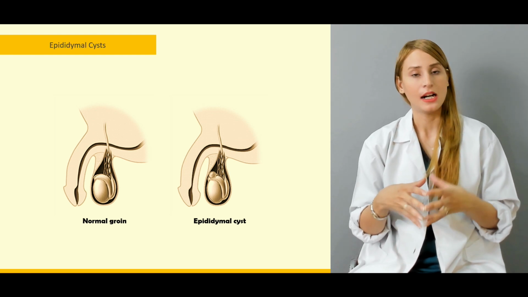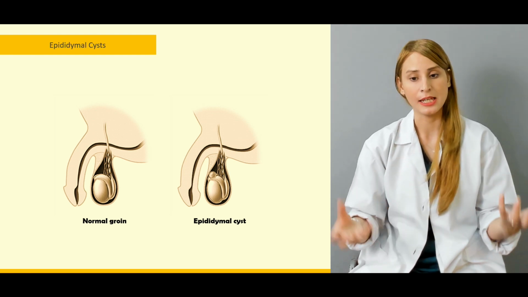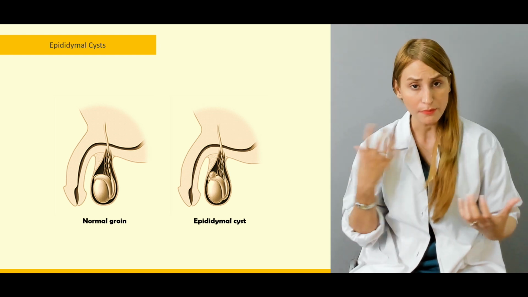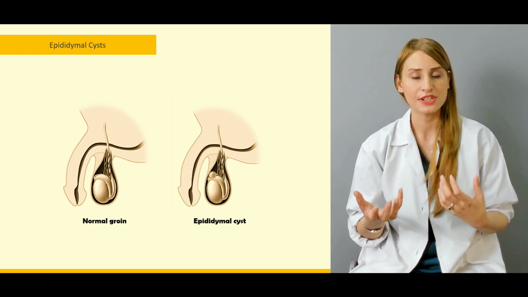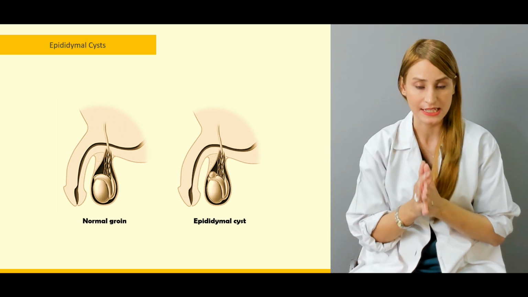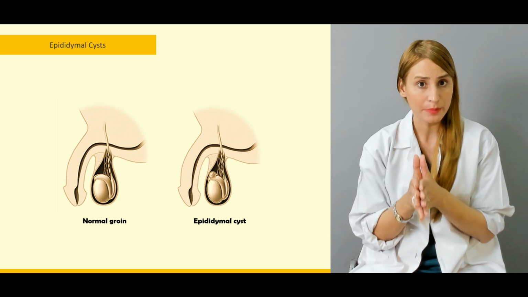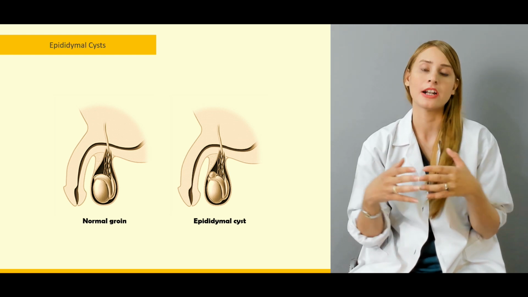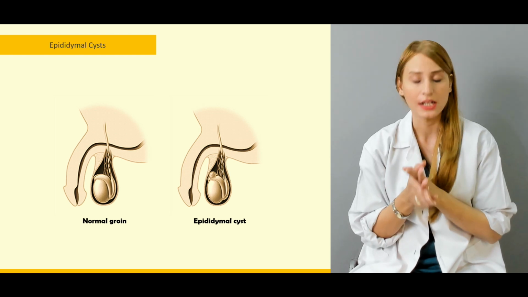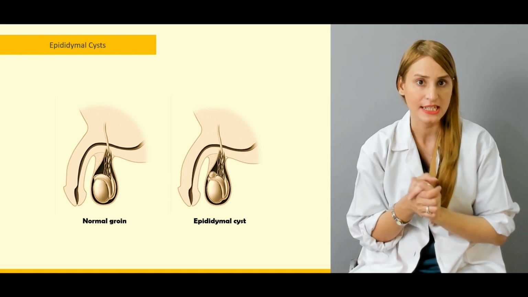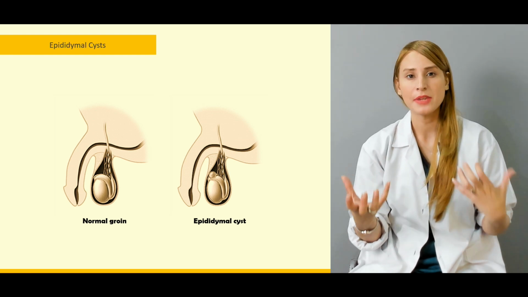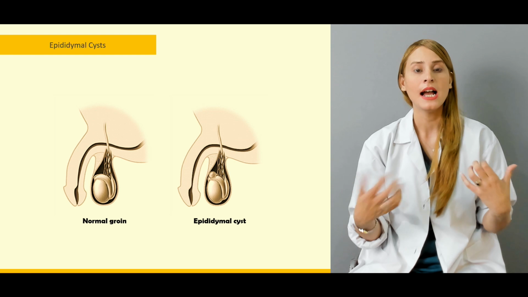There can be multiple cysts in the epididymis, but there can also be a single large cyst present behind the testes. They are a common finding, most common in middle-aged men. Most of the time they are composed of clear fluid.